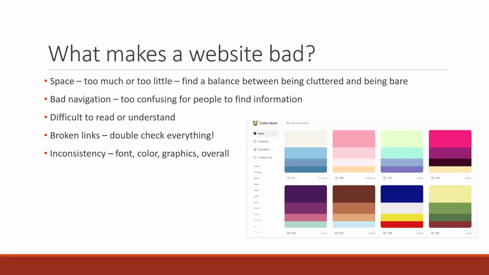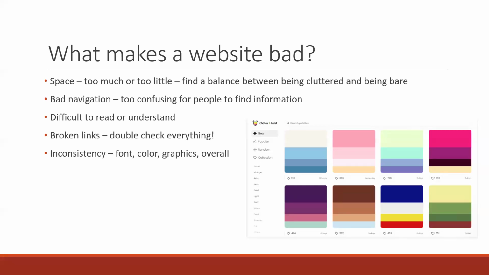Another thing to keep in mind is bad navigation. What that means on your website is, how are people getting to the different pages of your website from your homepage? What I mentioned earlier is that I like to have buttons that go to different pages.